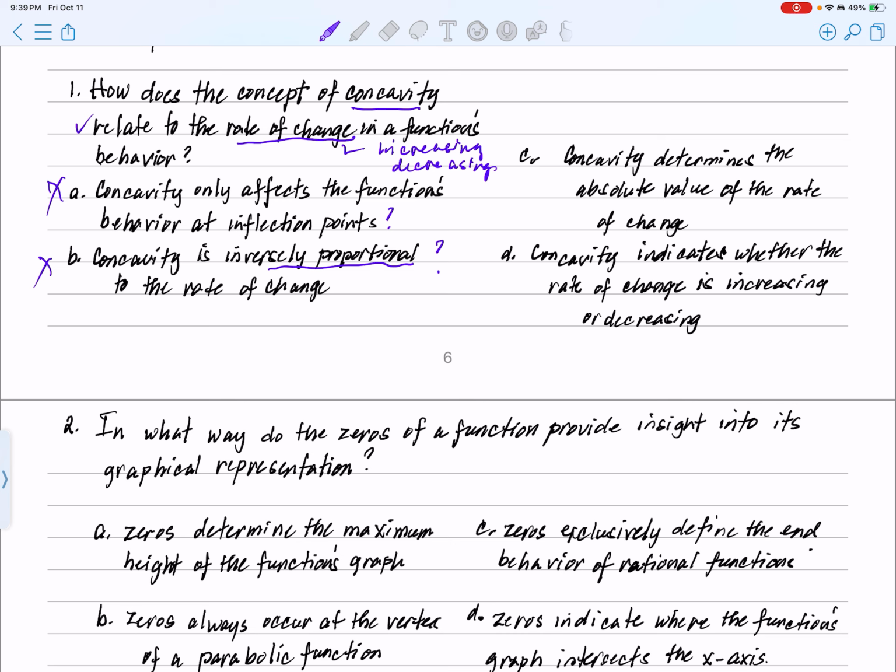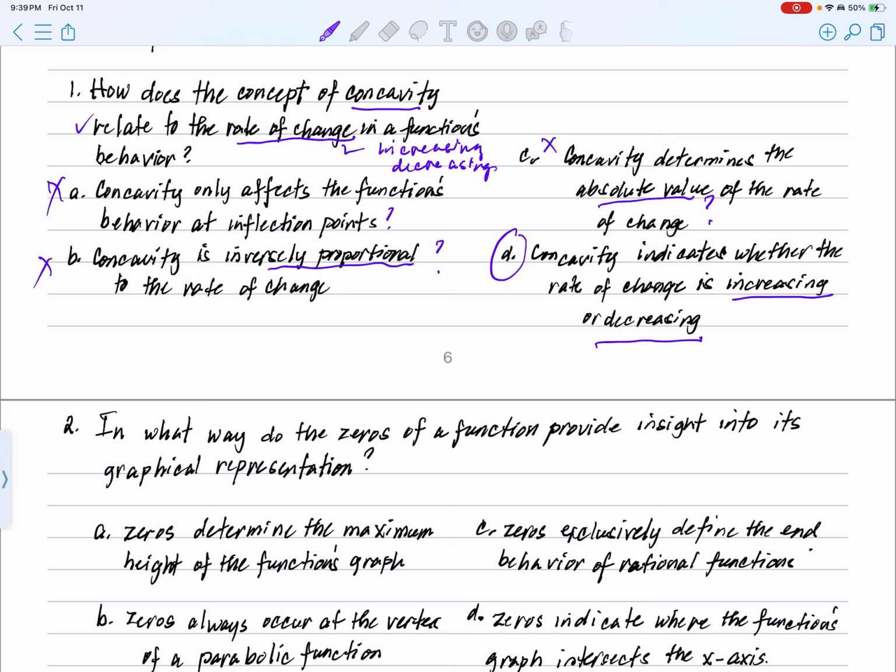Concavity determines the absolute value far from that of the rate of change. It's asking to relate the rate of change, not talking about the absolute value. So what is left? Concavity indicates whether the rate of change is increasing or decreasing. There you go. You have the answer right there.